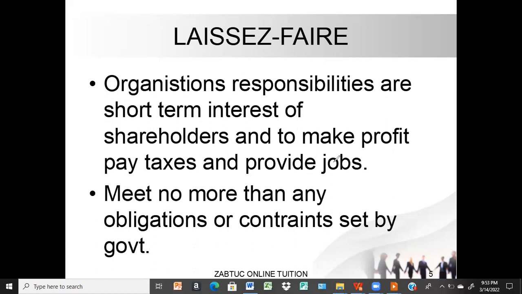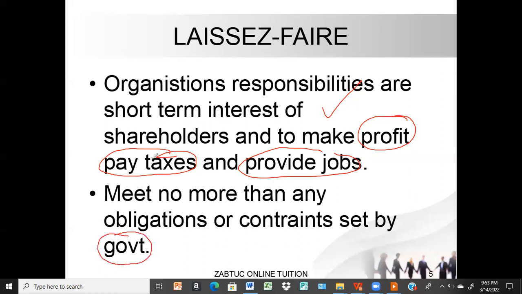Ourselves as an organization, we see ourselves as having a mandate to make the profit, then contribute to the government coffers by paying tax and making sure that we have employed the people. This is all. Meet no more than any obligation or constraint set by government. Don't try to go beyond what the government has said. That is a position that you may want to take.